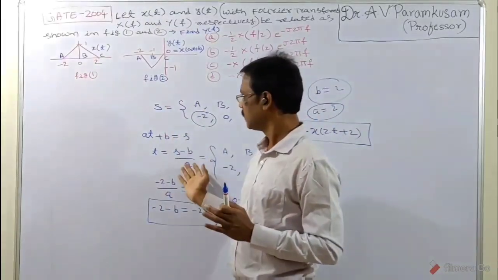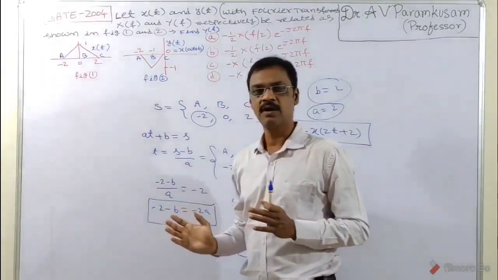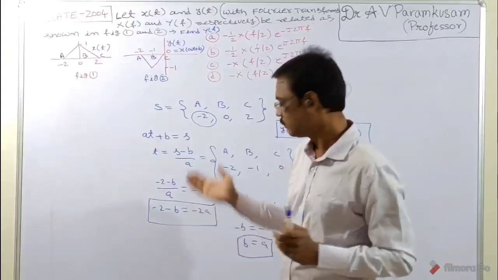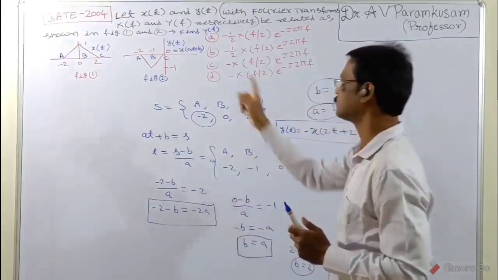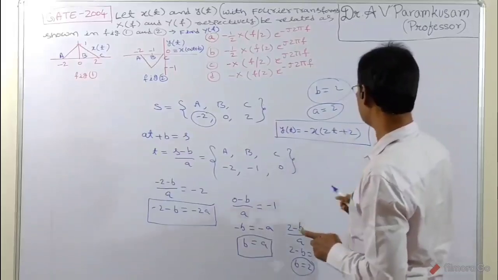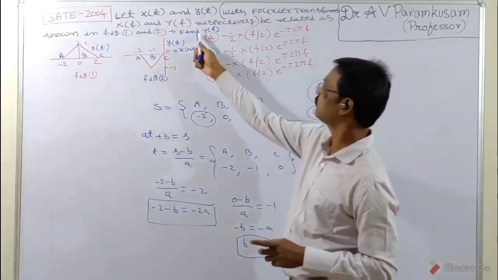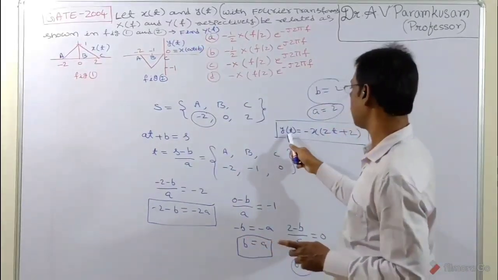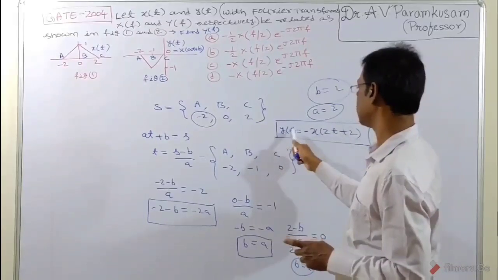But by using this procedure, without any hard work, you can get the relationship between these two signals. After getting this, the expression for y of f is simply obtained by applying the Fourier transform on both sides.